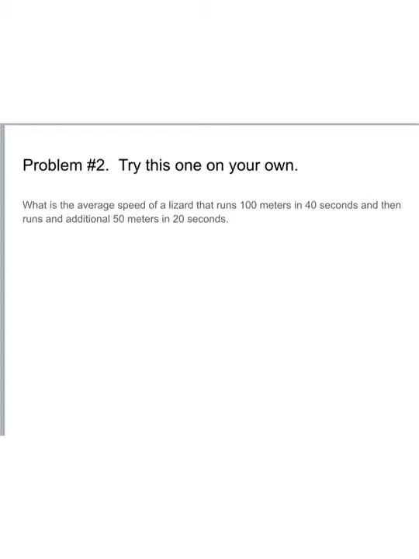Okay, you can pause this video and after you listen to this intro, I want you to try to figure out the average speed. So you're going to need to write down the average speed formula. Pause this video and see if from memory you can write down the average speed equation.